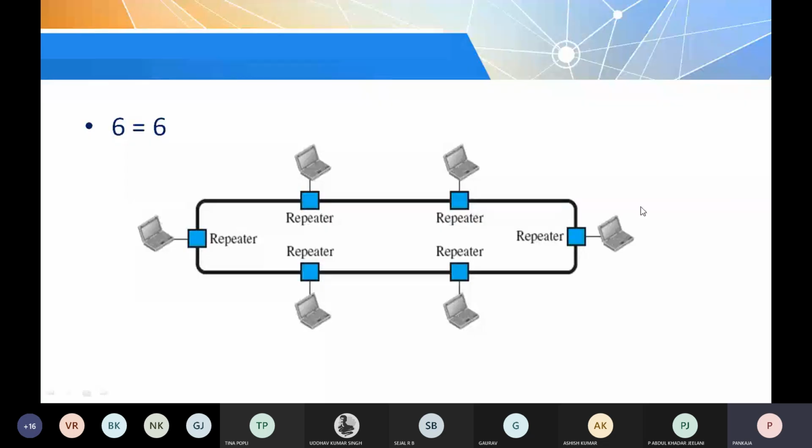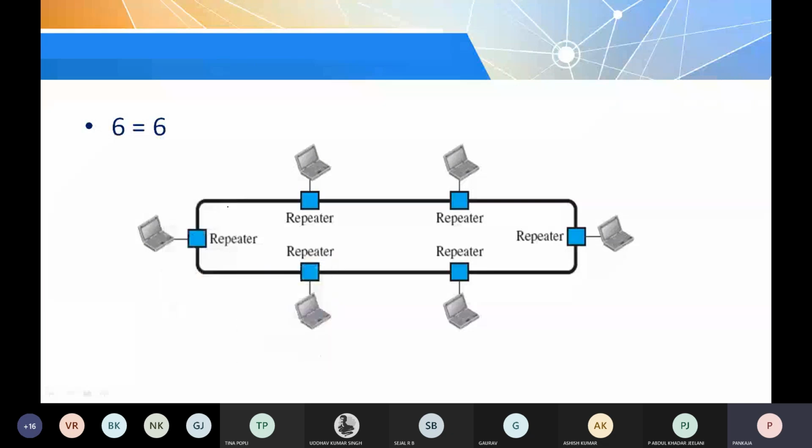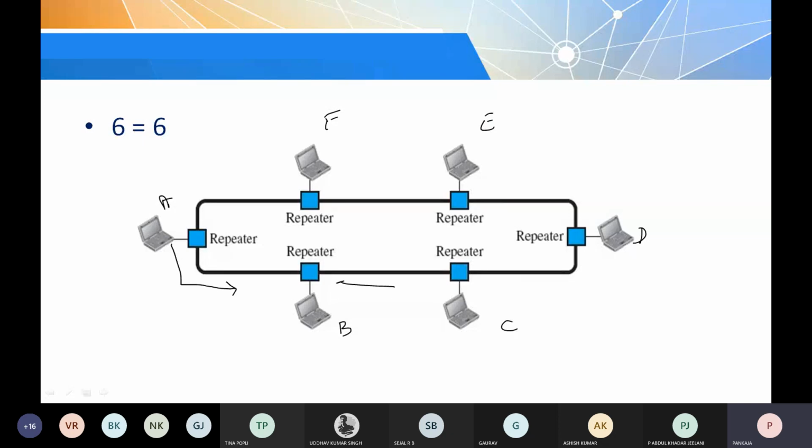Whenever this device wants to send data, this is A, B, C, D, and this is E, and this is F. If it wants to send data to E, the ring topology always follows unidirectional data transmission. If this is the direction of data transmission, it has to go through this.